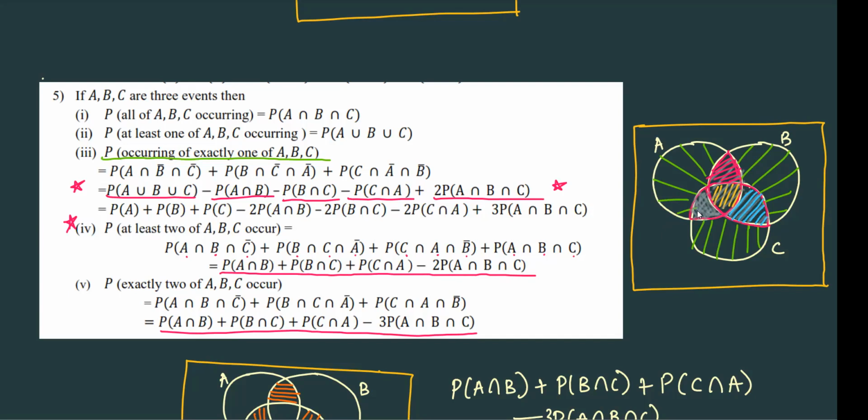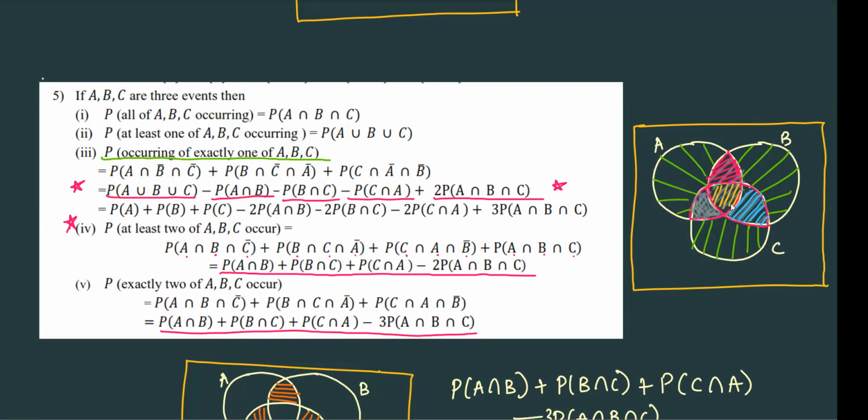For this region, what I do is I take P of A intersection B. Then I take P of B intersection C. Then I take P of C intersection A. So now what has happened, this inner yellow portion, I should be counting once, but I have counted it three times along with A intersection B, along with B intersection C, and along with C intersection A. This region has been counted thrice, but I should have been counting it only once.